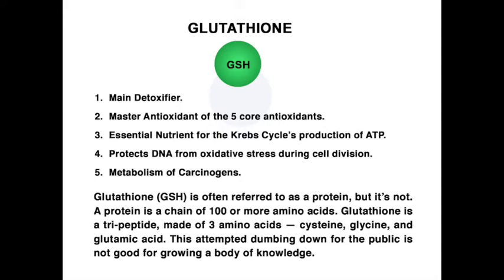ATP is the molecule of energy. Fourth, it protects DNA from oxidative stress during cell division. And fifth, it metabolizes carcinogens. When we're discussing metabolic chaos in detail, we'll see that glutathione, this key nutrient for the production of ATP, often gets depleted in chronic illness.